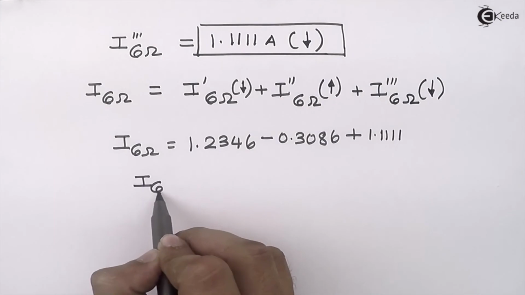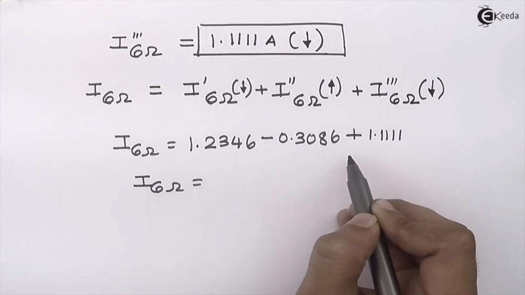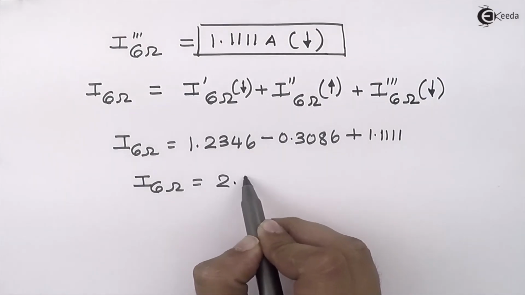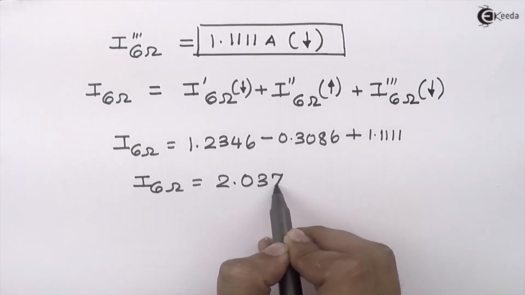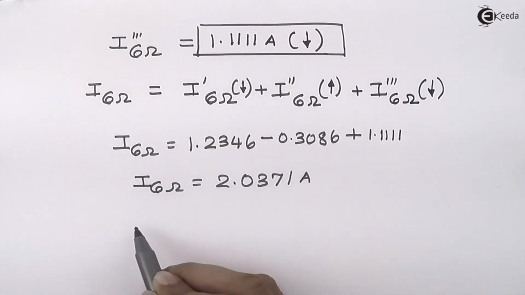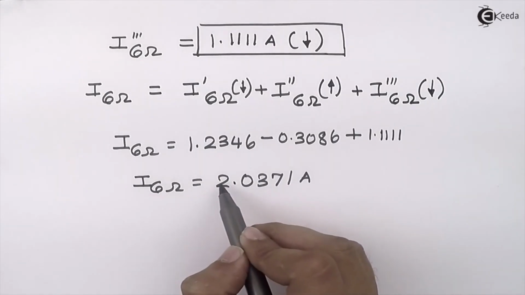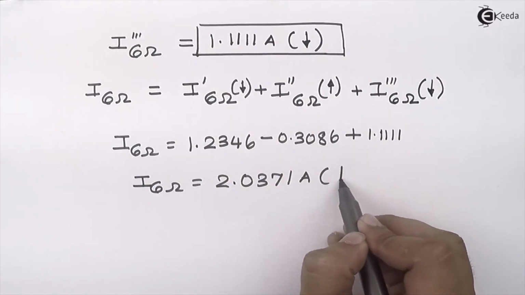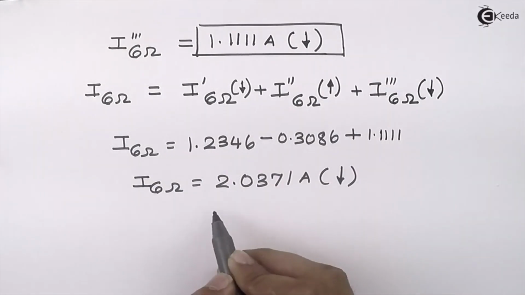If I calculate this, I will get the final answer 2.0371 ampere. Since I am getting a positive answer, whatever direction I have assumed as positive will be the direction of the resultant current.